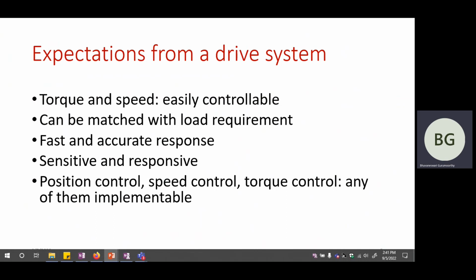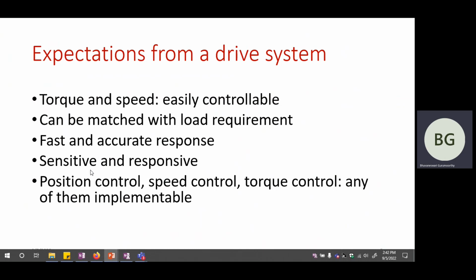So it's extremely important that fast response is one of the major traits of the drive system. Similarly, if you suddenly see a pedestrian crossing on the road, to avoid an accident you have to ensure that the vehicle is stopped. So again, fast response is key to averting any mishaps or accidents in an electric vehicle. So fast and accurate response is extremely important.